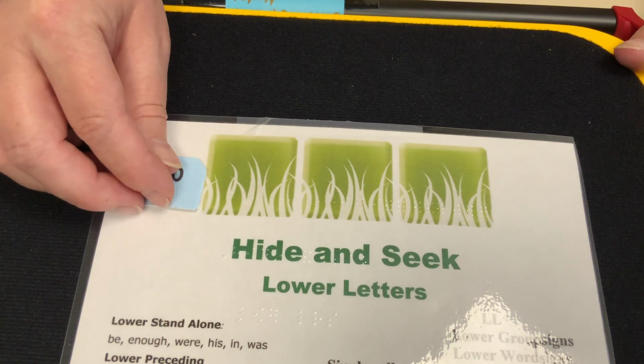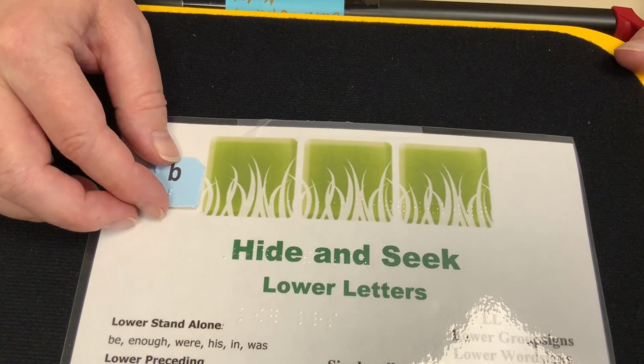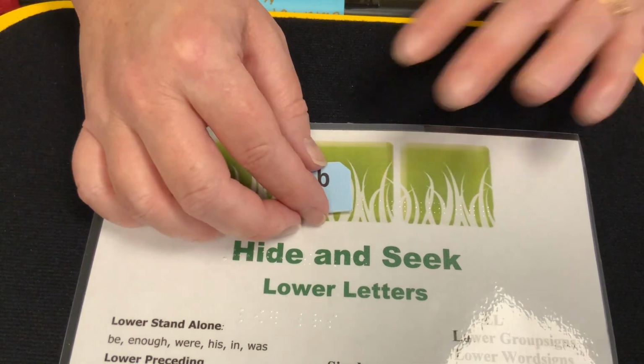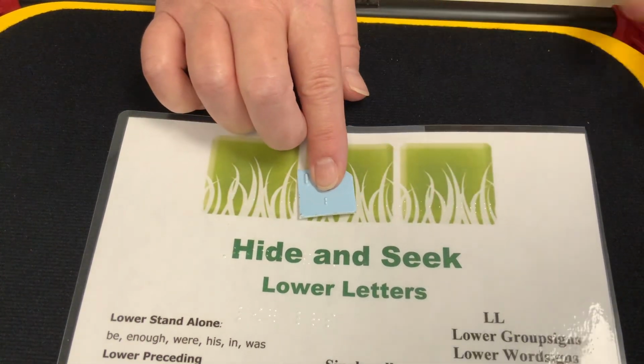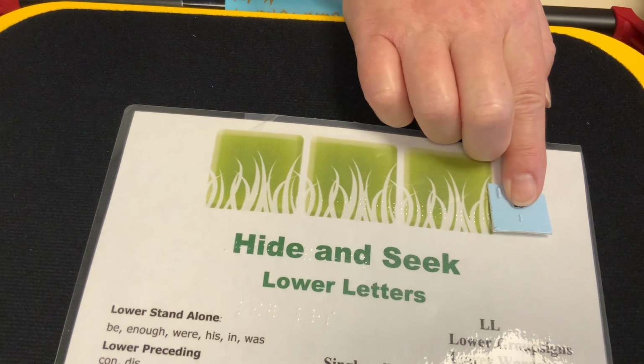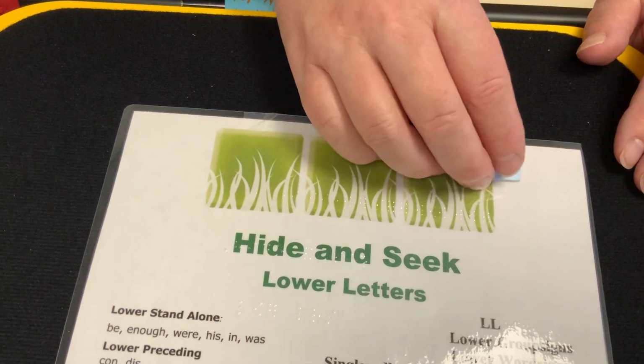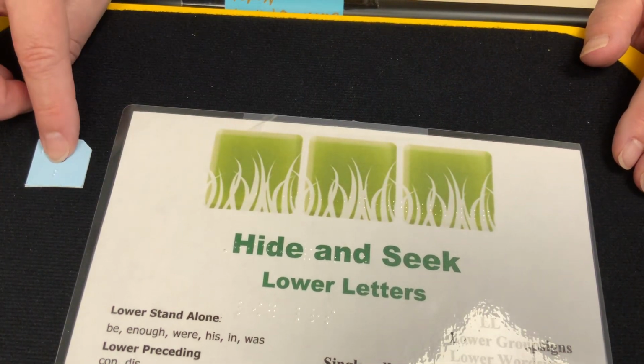When it's in the front of a word, it uses the letters B-E as well. In the middle of a word, it's B-B, and at the end of a word, it's a semicolon. So I tell them when we start this, that this is dots 2, 3.